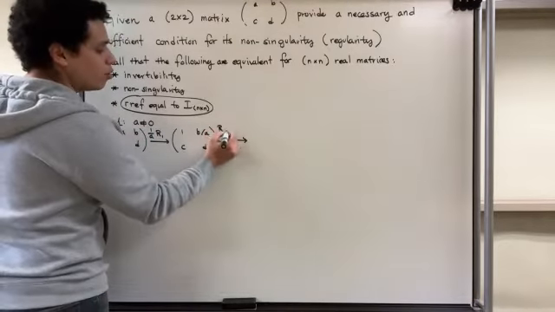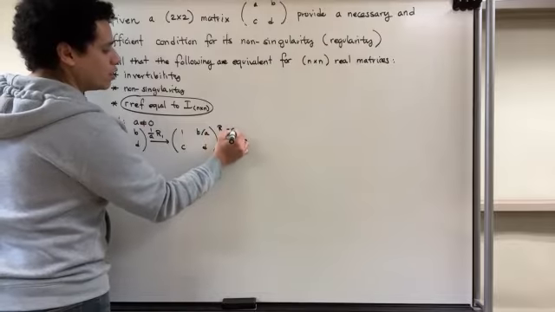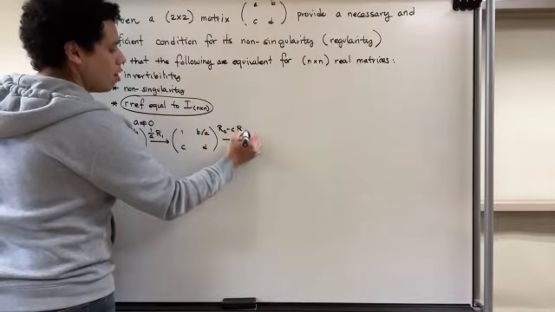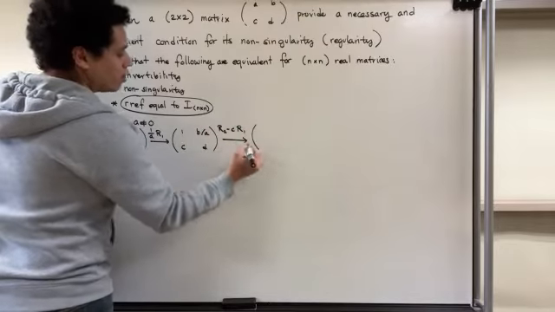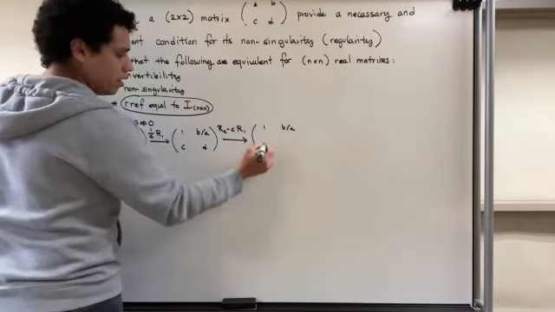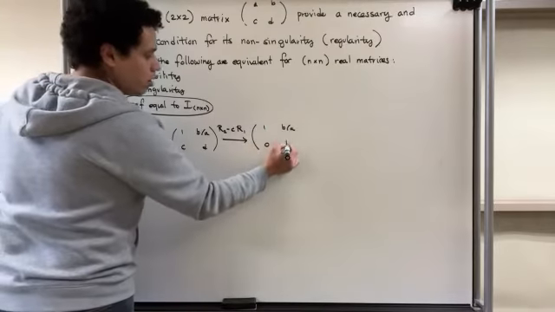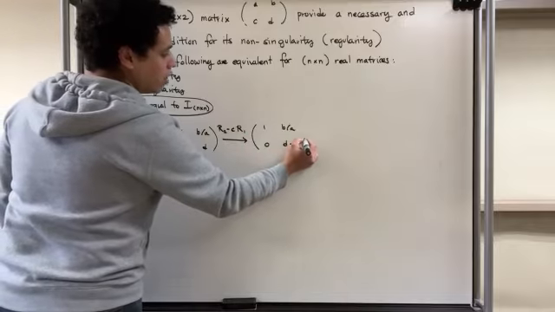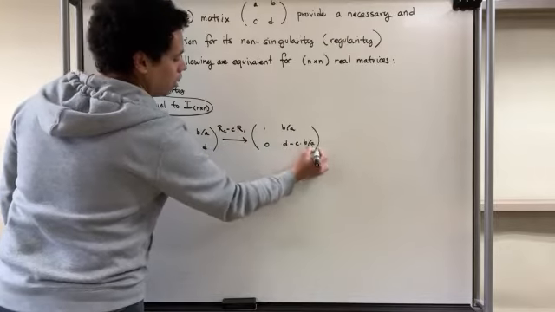To row number 2, I subtract C times row number 1, thus obtaining 1, B over A, 0, D minus C times B over A.